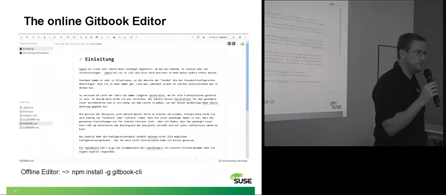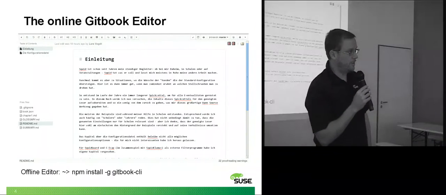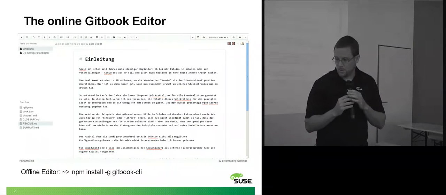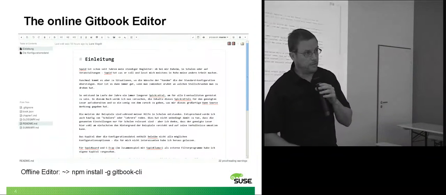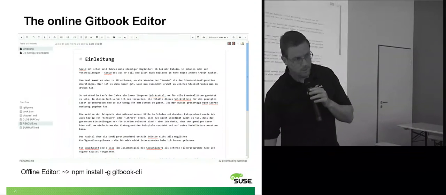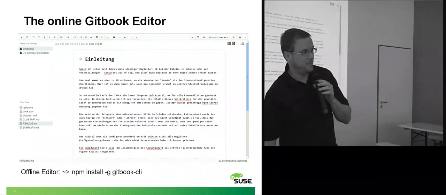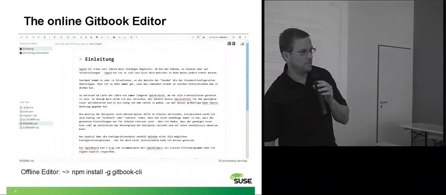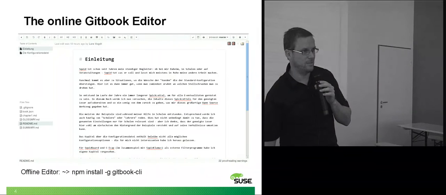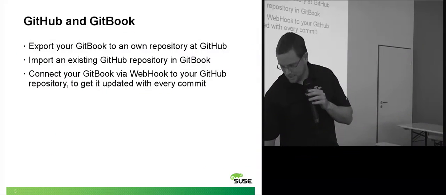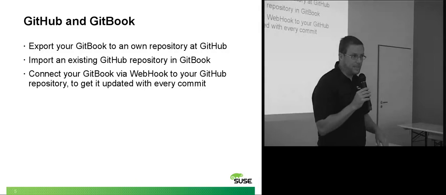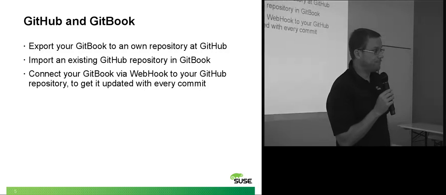You can use whatever you have learned already. And there is also an offline editor, as I mentioned. I just say npm install, because I didn't find some RPMs for it, and to be honest, I didn't find the time to create one on my own.